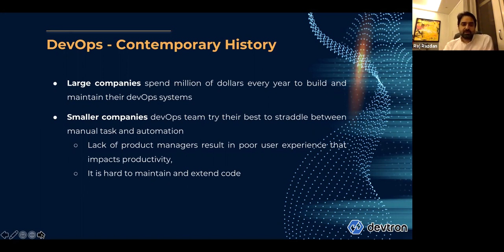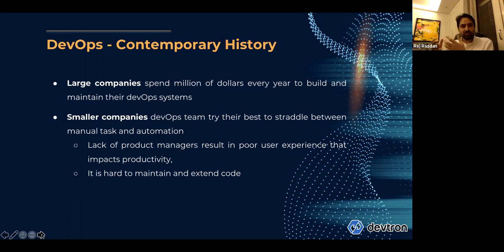The smaller companies, which do not have the propensity to spend millions of dollars, try to build their DevOps team, which straddles between manual tasks and a bit of automation, writing scripts, trying to do quick fixes, etc. With that, you have a lack of good product knowledge, and this is more like a patchwork.